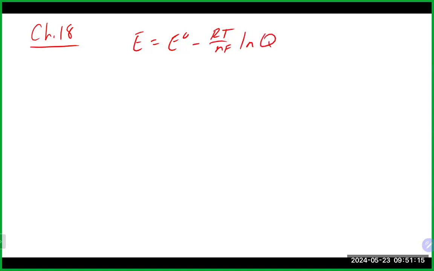And remember that we use the Nernst equation when we're looking for the voltage under non-standard conditions. That is basically looking at a lot of times the molarity, or if it's pressures, the pressures. So if the molarity is not 1 molar, even if the molarities are the same, like for example in our lab, they're not 1 molar, so they're not under standard conditions.